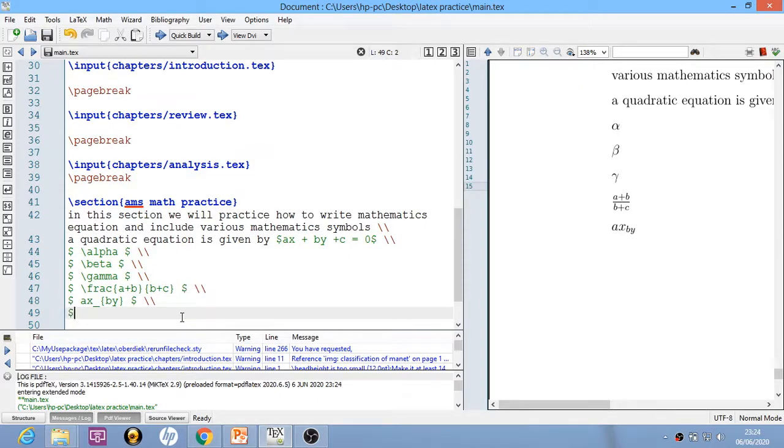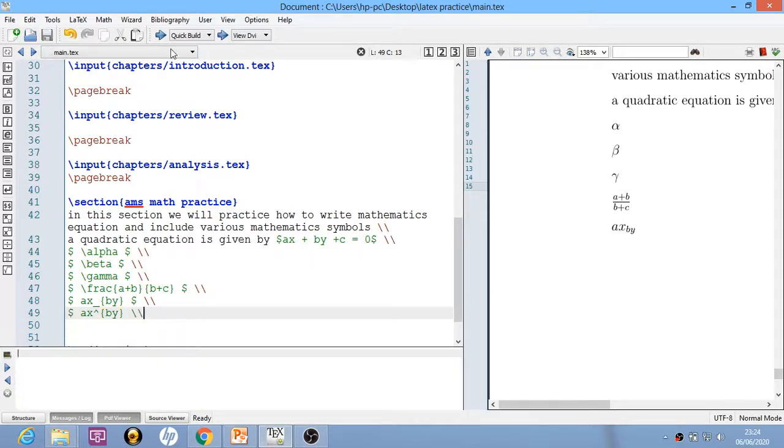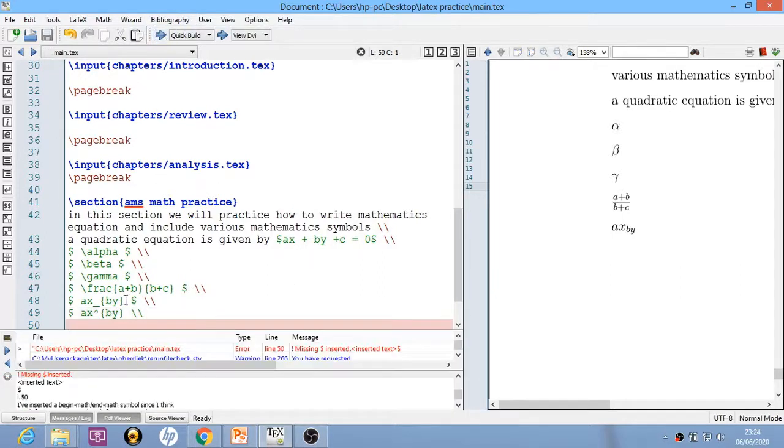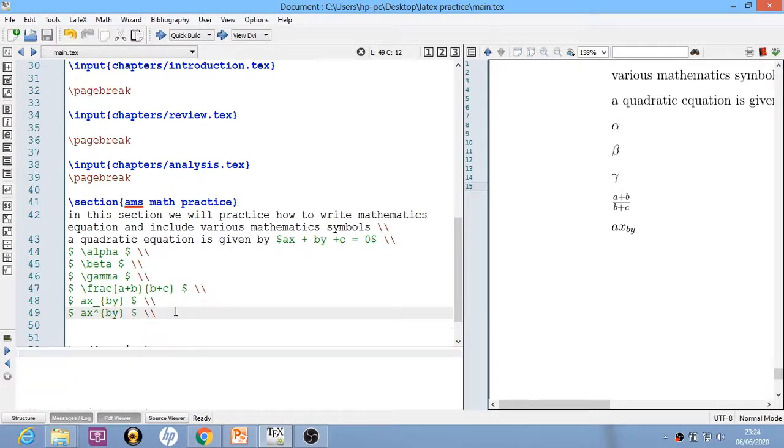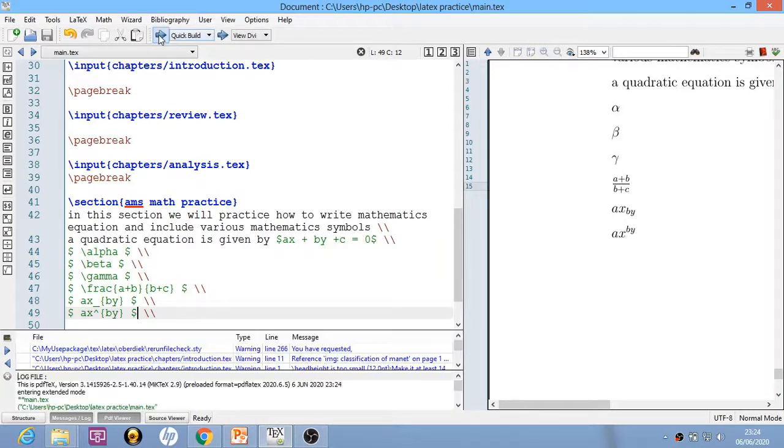Similarly, if I want to add superscript, suppose I want to write ax to the power by. So I will use the caret symbol and again I will compile this code. Okay, sorry, I forgot to end this math mode. Okay, so this is how it will go to superscript.